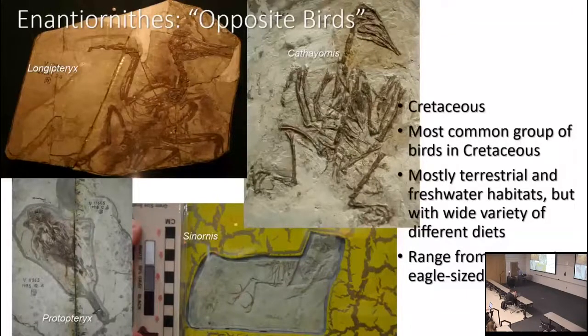They lived in a wide variety of habitats, most of the terrestrial habitats and freshwater habitats. Some were seed eaters, some were probably plant eaters, some were fish eaters. We have impressions where some were poking down to the ground to grab worms. And they had a big size range from little Protopteryx here and Cuspirostrisornis, which are about the size of a sparrow, up to forms about the size of an eagle.